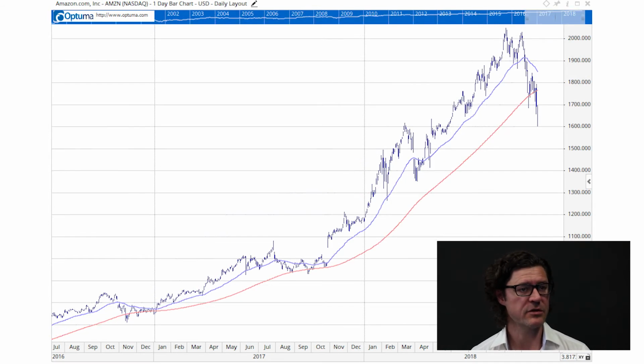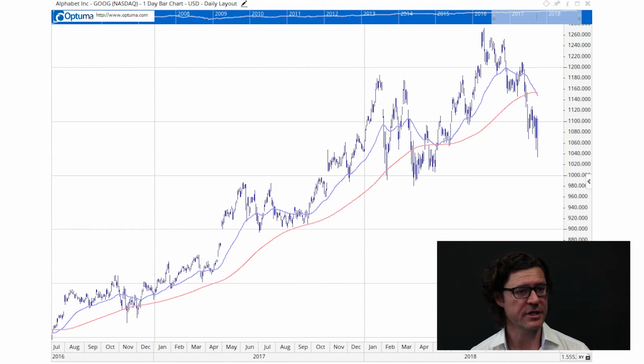Turning to Amazon though, there's been sharp falls in the share price over the last few weeks, and judging from the moving averages, they're starting to turn down as well. Early days yet, but it is a slightly ominous sign for Amazon given its extreme valuation, and I think just last week it had a miss on the revenue line, and that will lead investors to reassess the growth multiples that are priced into the share price there.